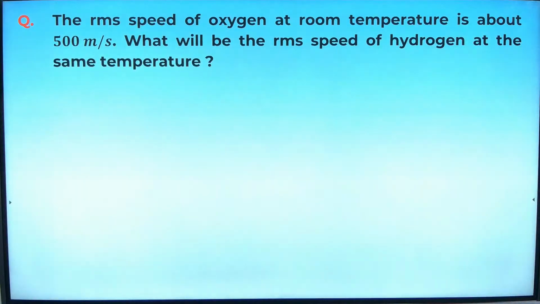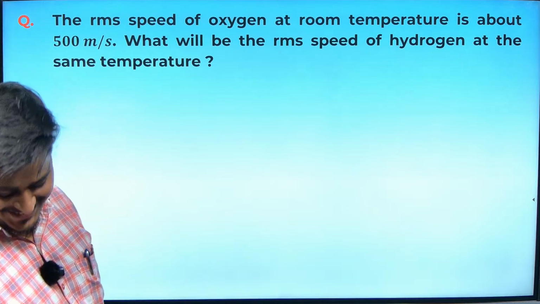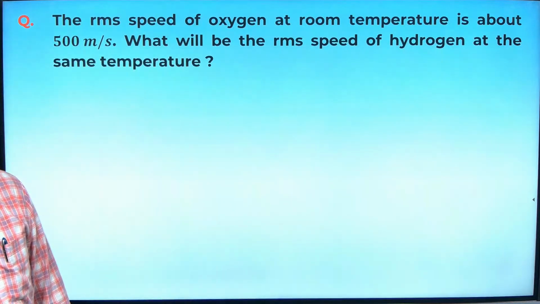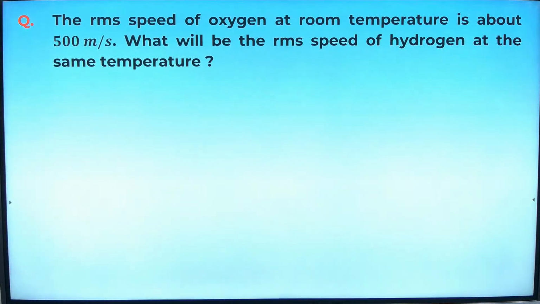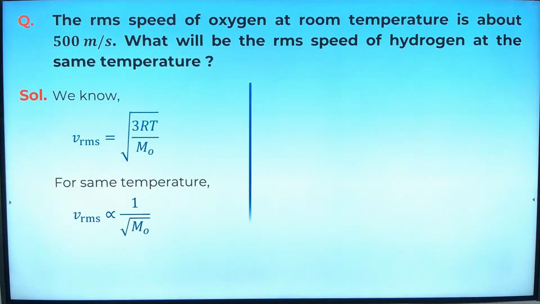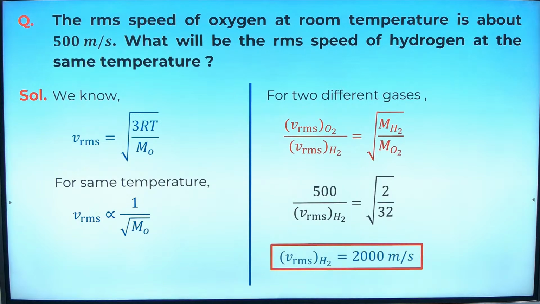Sir, 2000 meter per second. Anybody else who has any answer? Pratap, you got the same? Yes, sir. 2000 meter per second. You should certainly remember that oxygen gas will not be O alone.